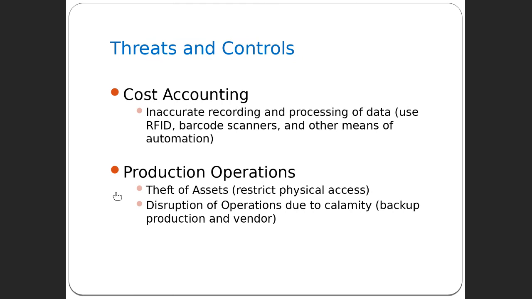The last one is the production operations, where the first threat is theft of assets. So you have a lot of inventory, and some of it could be small and expensive, like the GPS system, the computer chips, the sensors, and so forth that go into manufacturing, let's say, a car.